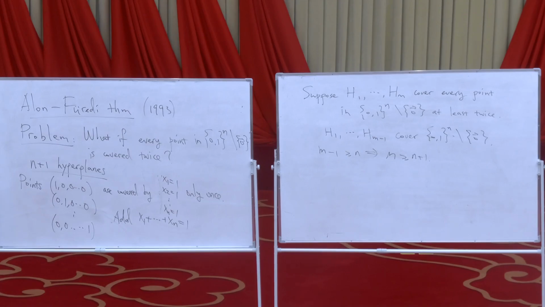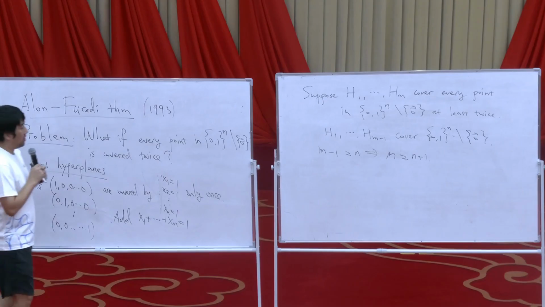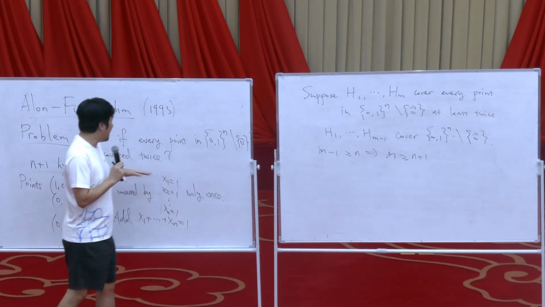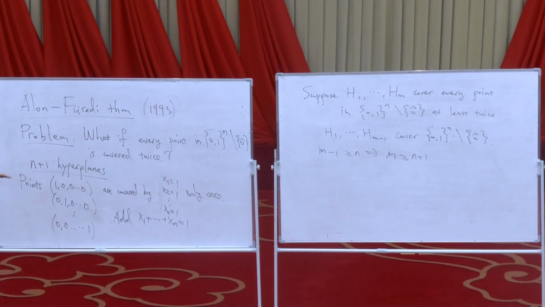So the optimal answer is n plus 1 hyperplanes. Okay, so this problem is solved again. If you want to cover the hypercube without the origin at least twice, the answer is n plus 1. Okay?